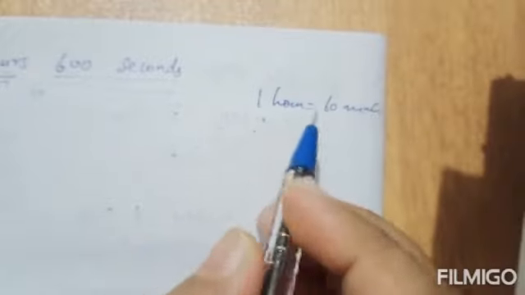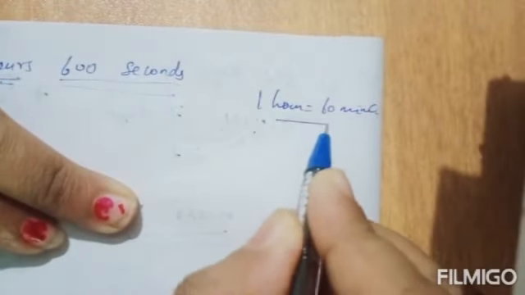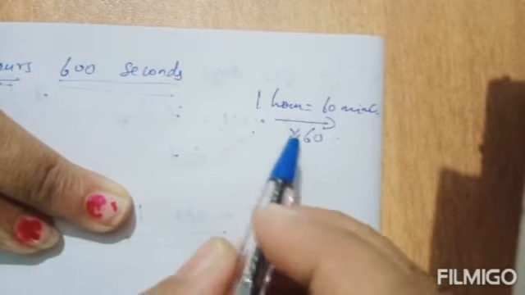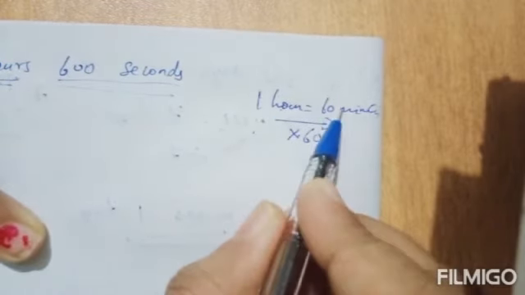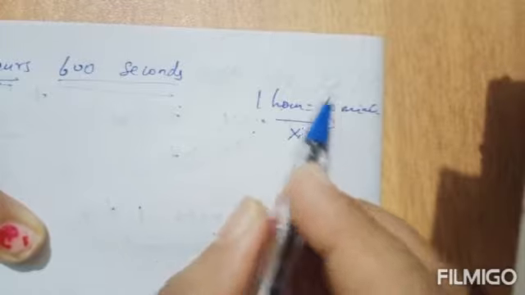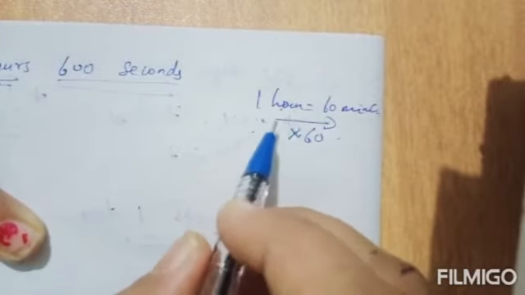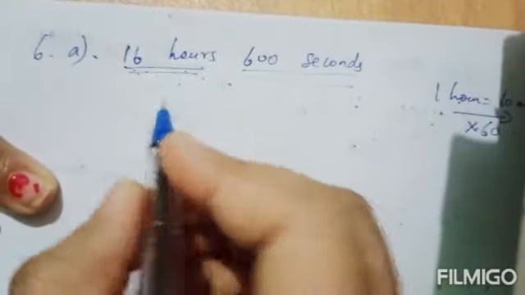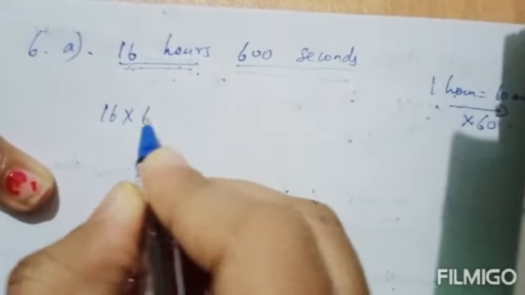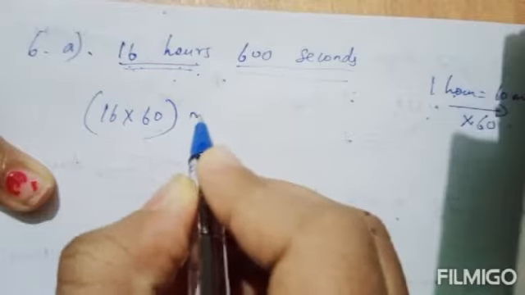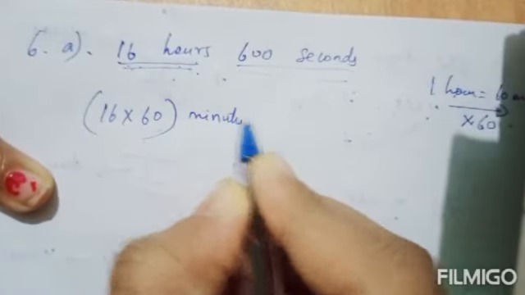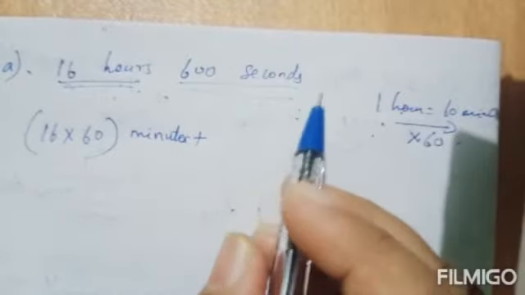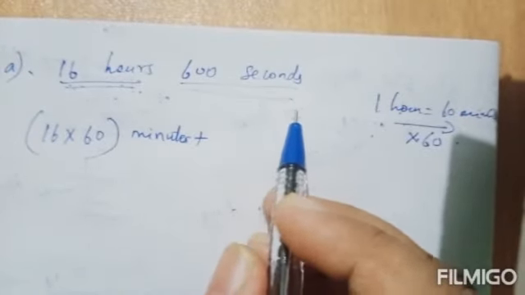Okay, so in order to convert hours to minutes, multiply by 60, and minutes to hours, divide by 60. So here 16 hours you have to convert to minutes. So just multiply by 60. 16 into 60 minutes. Plus, now the 600 seconds we have to convert to minutes.